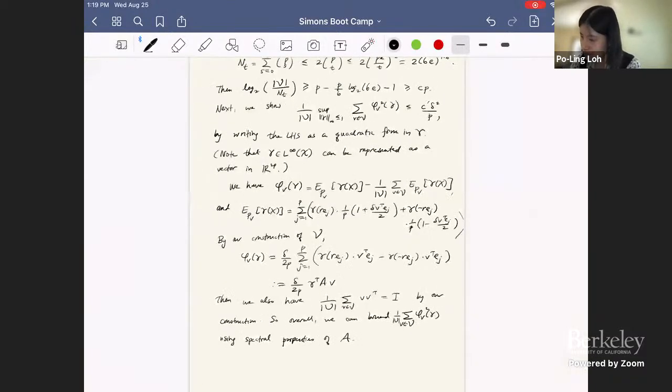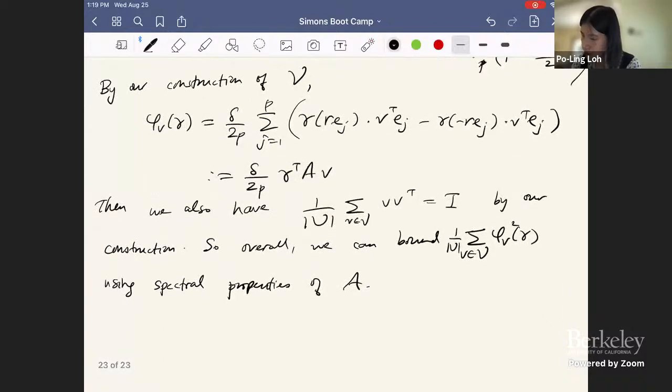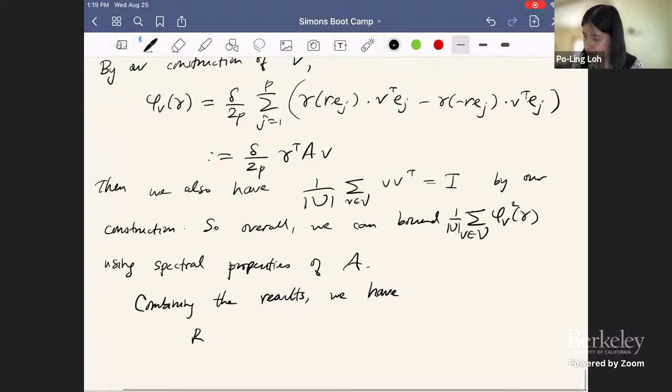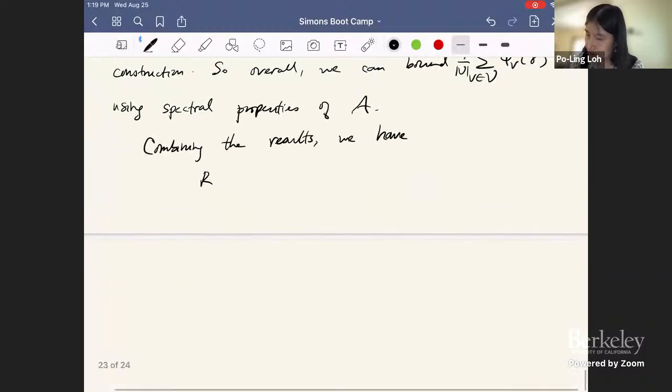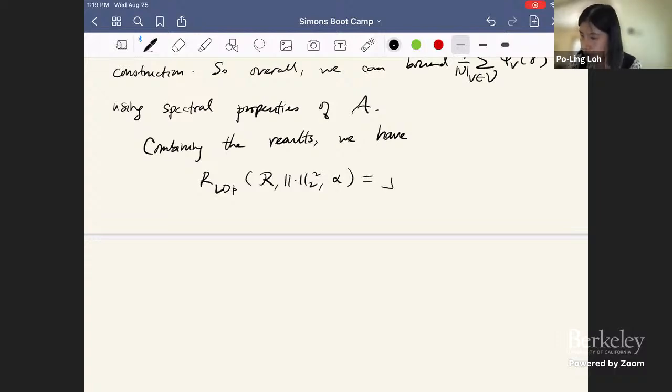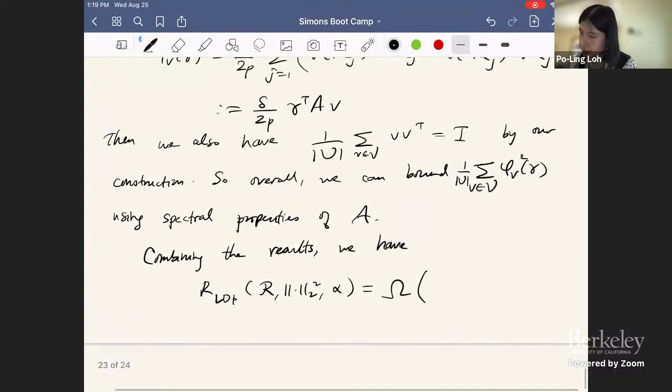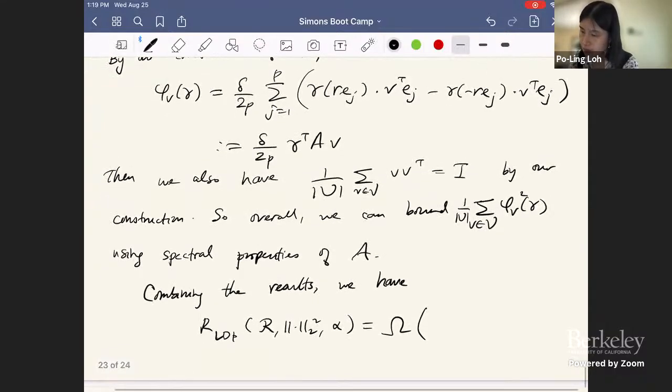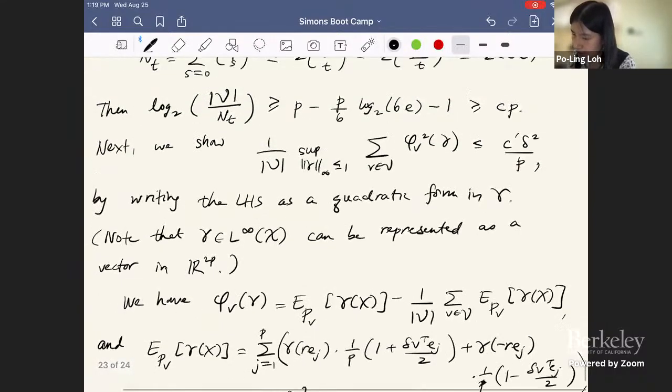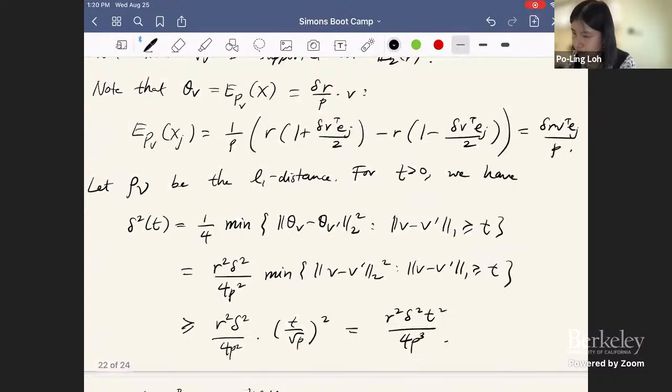So, oops, didn't mean to do that. Combining the results, we finally have the LDP minimax risk in squared 2-norm with alpha should be equal to omega of. So we need to take our separation function.